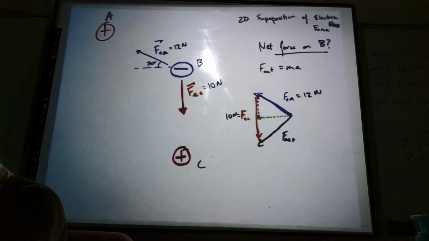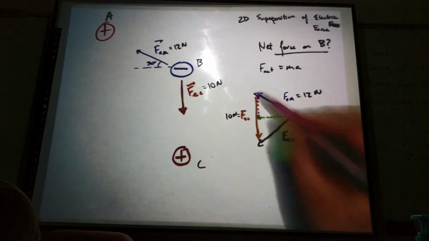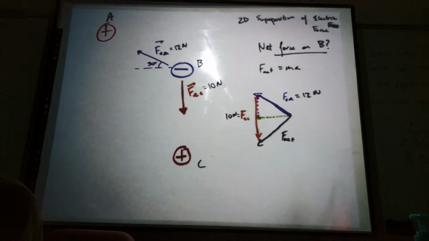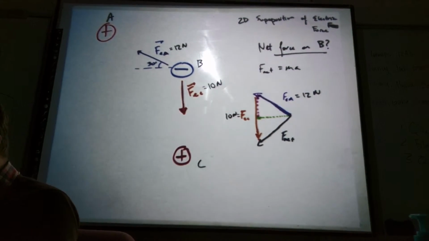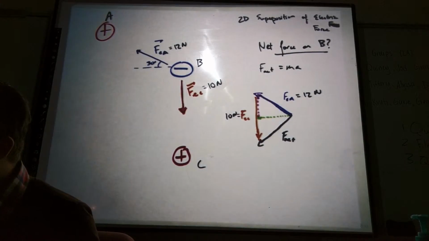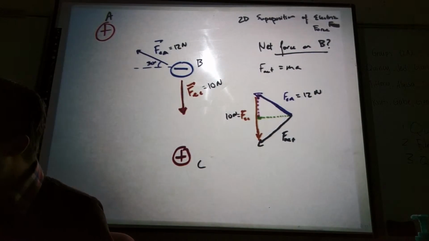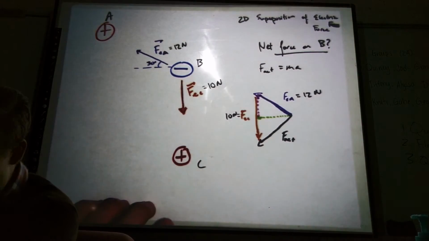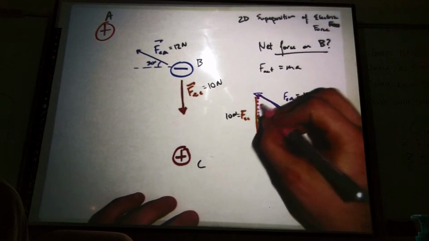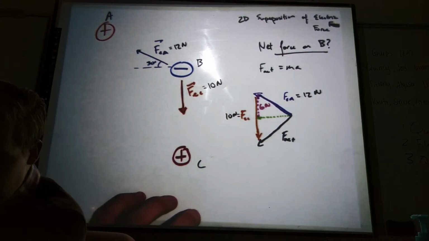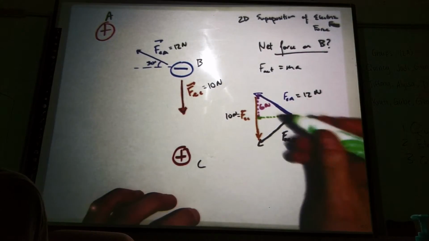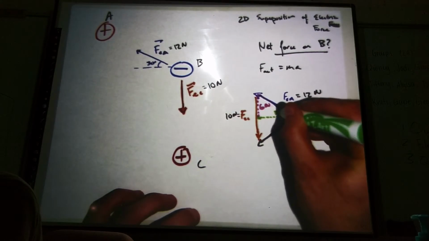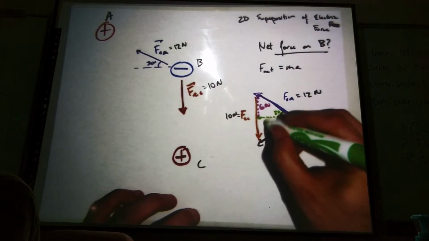So it's like I'm taking out the overall purple vector because it has a component in x and in y and turning it into both of those components on their own. So when I do 12 sine 30, I get 6. So this pink vector has a value of 6 newtons. And when I do 12 cosine 30, because this angle is 30, I get 10.4.